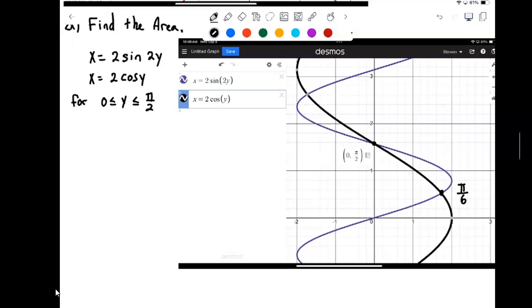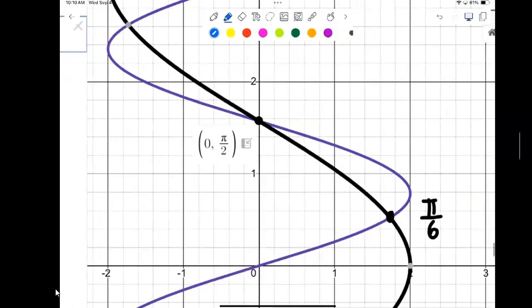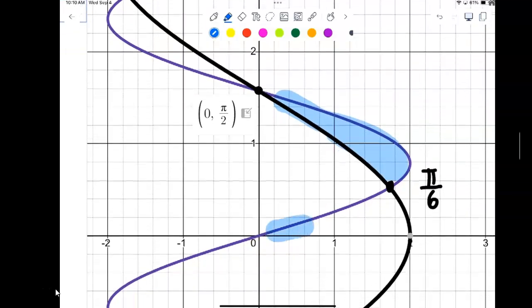And so we want to find the area that falls between the two. We do notice that there's actually two regions. There's this region here, and then there's this region here, because we're going on the y-axis between 0 and pi over 2. And what we need to notice is that the two functions do switch.